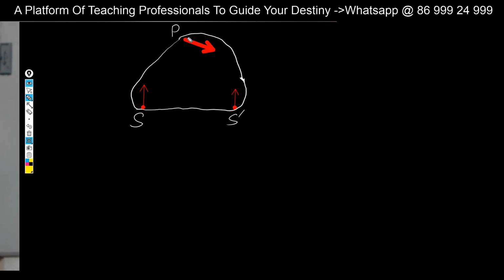That means you have to move this pin to this place by keeping that thread always tight. I repeat, you have to move that variable pin by keeping the thread always tight.